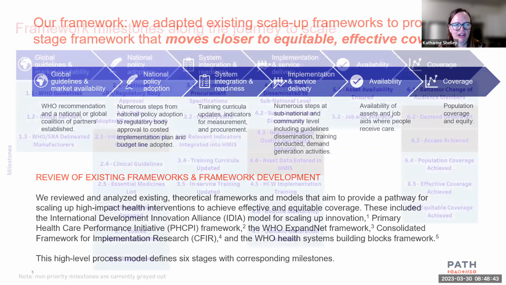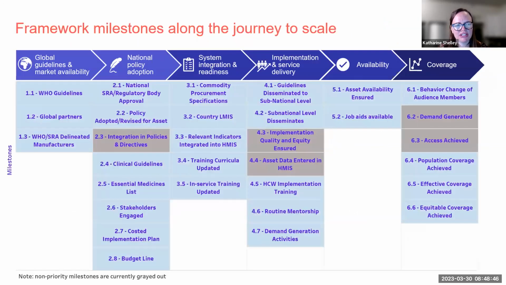Within each of these chevrons, to operationalize them, there's a series of 26 milestones that we use to define progress towards scale. Not going to read through all of these, but you can start to get the sense of what's in there.